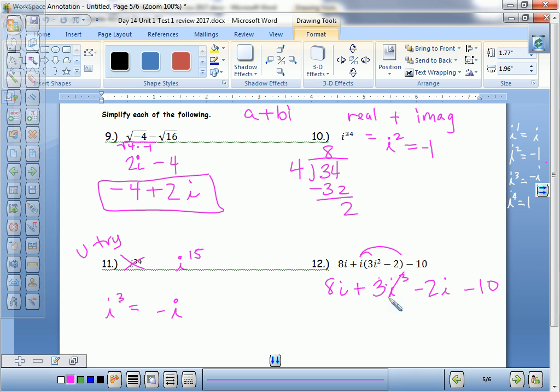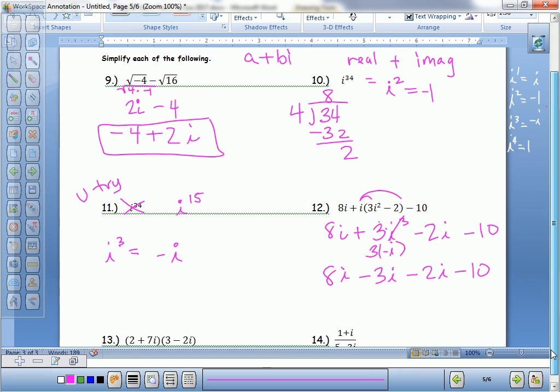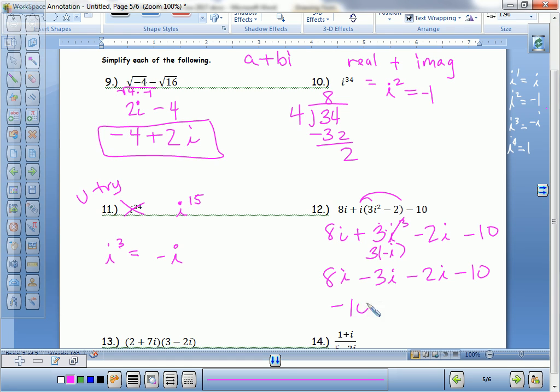So this really is like 3 times negative i. So it makes it negative 3i. So this is real part first, imaginary second. So 8 minus 3 is 5. Take away 2 more is 3.